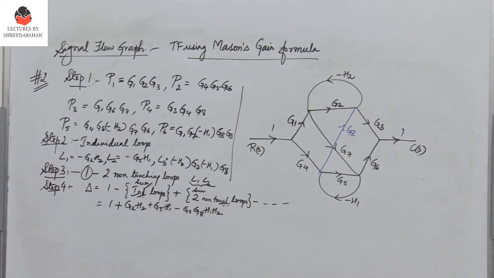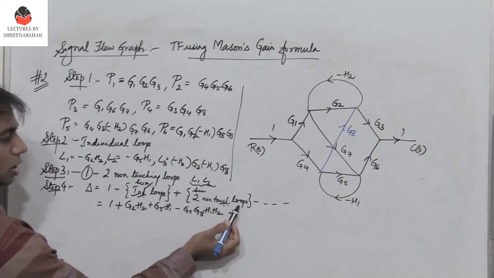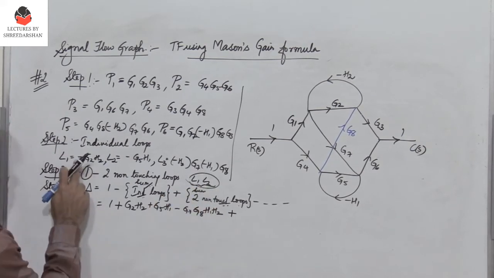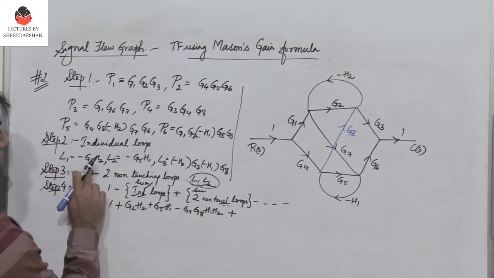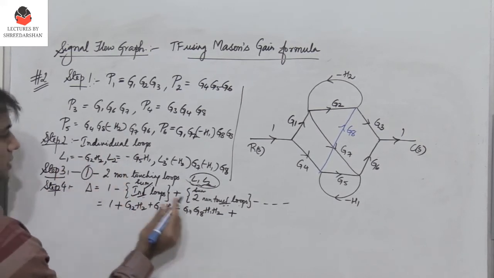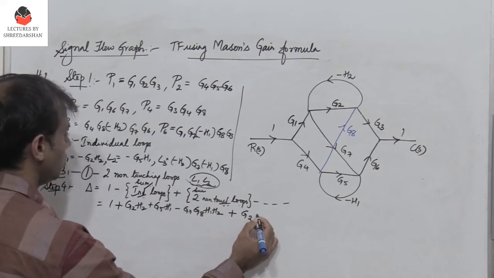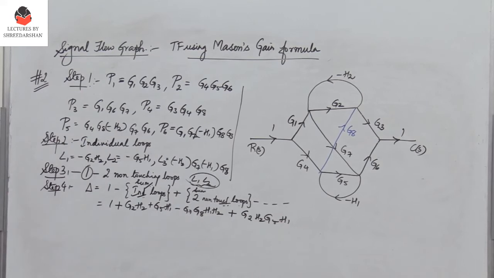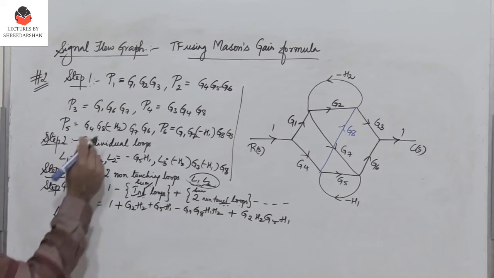So this is delta. Plus the sum of two non-touching loops. There is one combination, L1 into L2, which will be positive, so it's going to be G2H2 into G5H1.